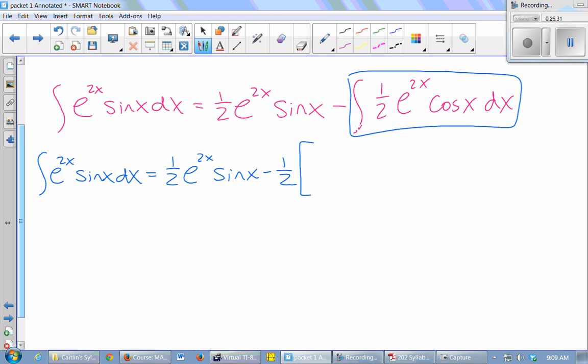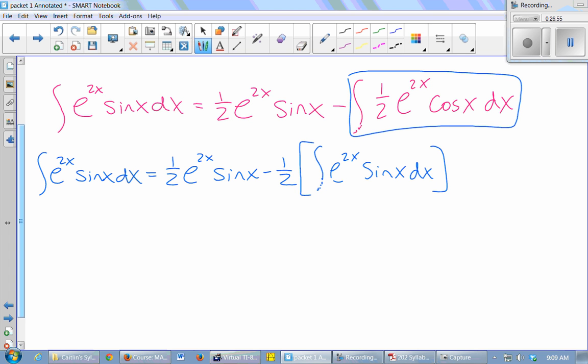I pulled the 1/2 out, and that integral is the integral of e to the 2x sine x. I got that on the next slide. That was my side work. Calculated this integral and I got this. Okay.